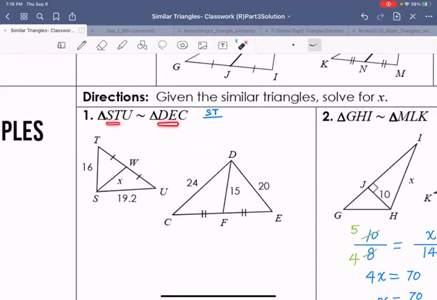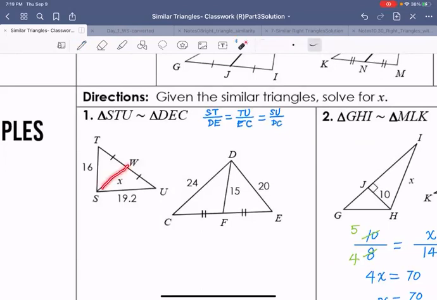ST over DE equals TU over EC equals SU over DC. Very good. This is the proportionality.